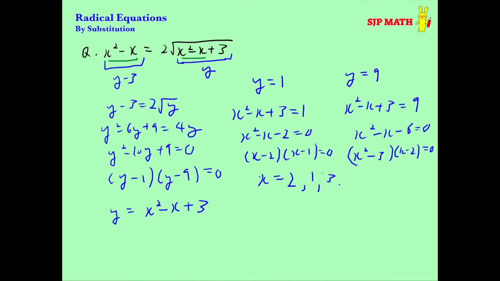And don't forget to plug it back in to check if this makes the radicals negative or not, because we can't square root a negative number. We have to plug it back in and check. Also, we have to check if this part is going to be negative or not, because if we don't have a plus minus in front of the radical, like I said in the denesting radicals video, then its entire value would be non-negative all the time.